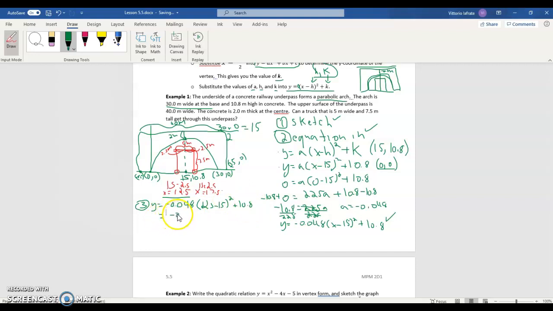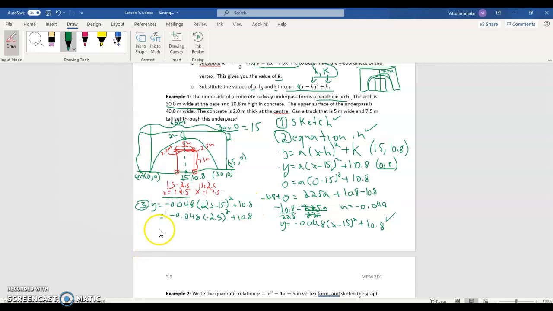So you're going to get negative 0.048 times, so 12.5 minus 15 is negative 2.5, that'll be squared, plus 10.8. Put this in your calculator and you'll see, we have negative 2.5 squared, 6.25, so times negative 0.048, you would show all your steps, plus 10.8.